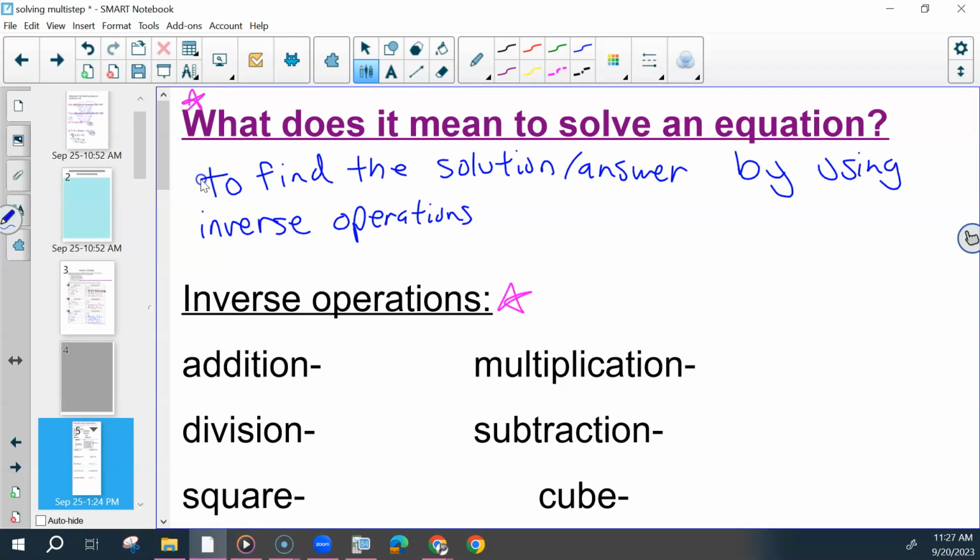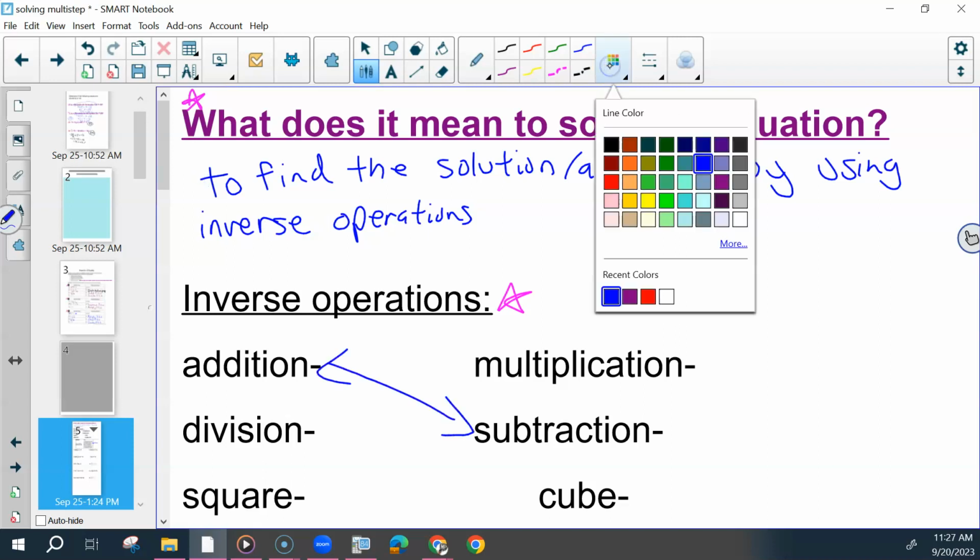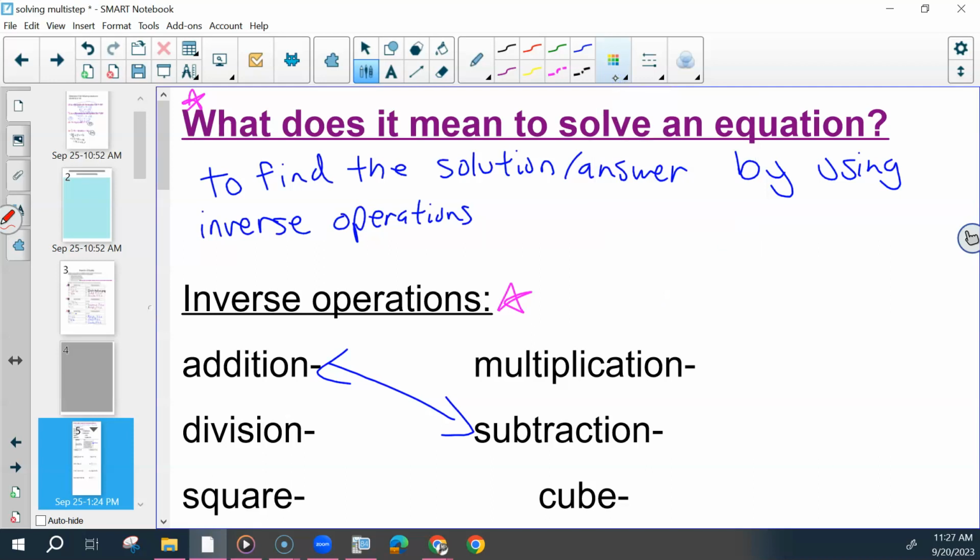And then just to make sure we're all on the same page, what is the opposite or inverse of addition? What is the opposite or inverse of division? How do we undo, or what is the opposite or inverse of squaring something? Square root.